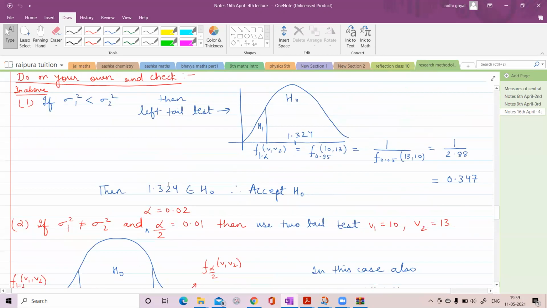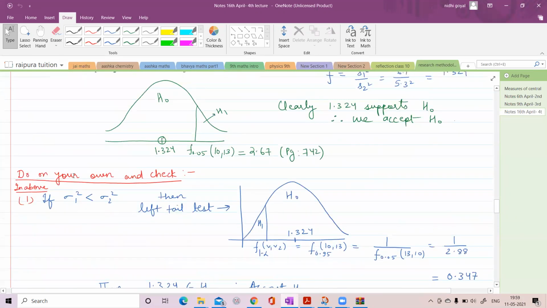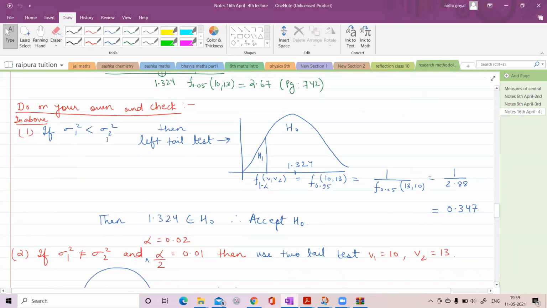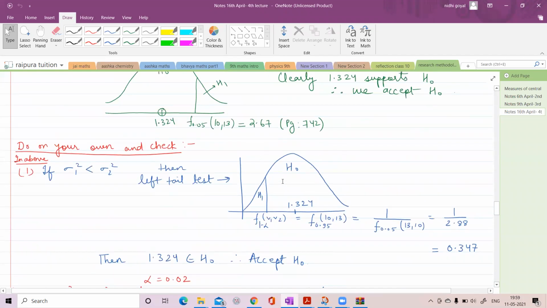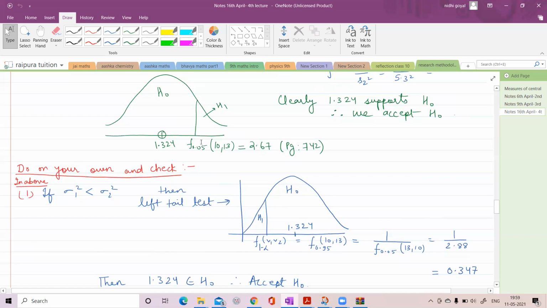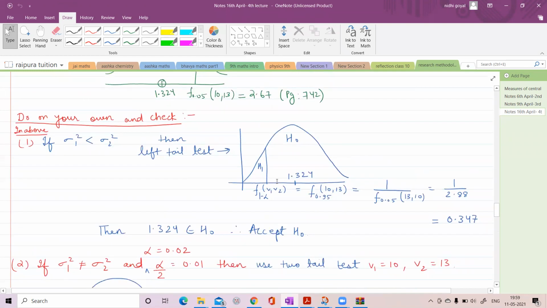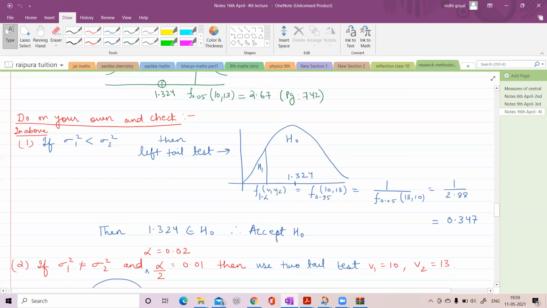And for the same question, we can check for the left tail test also by taking sigma 1 square is less than sigma 2 square, and then you can calculate this value also here. But only one thing will change, that we will now be calculating the value of f over here. So for the value of f over here, the statistic will be f of 1 minus alpha, v1 comma v2.